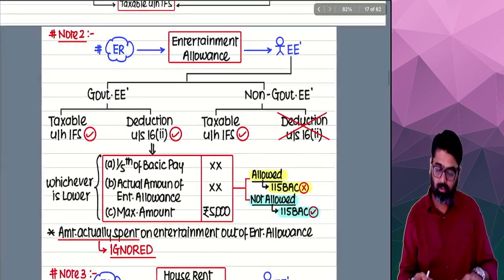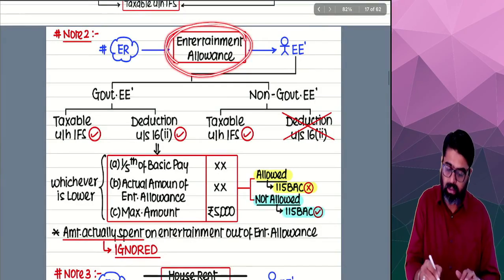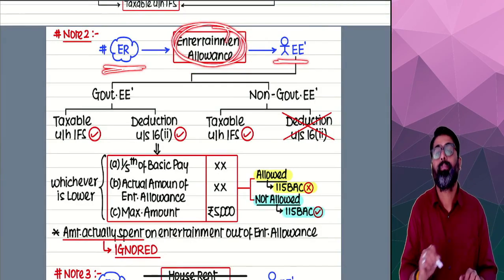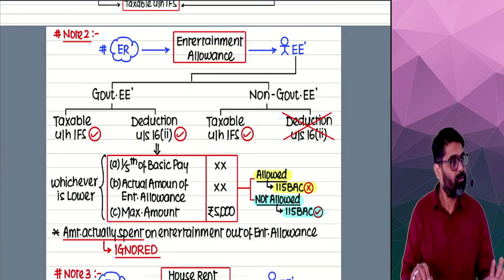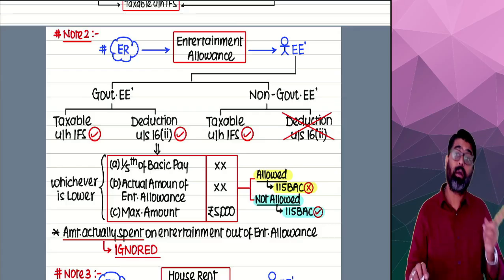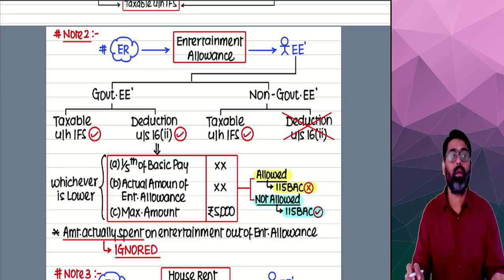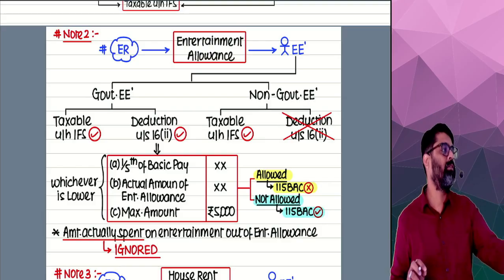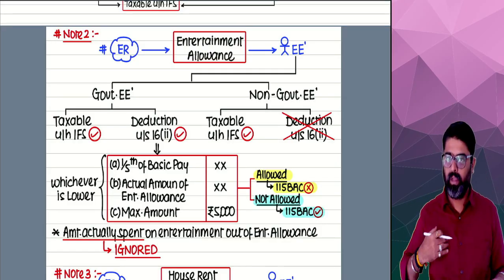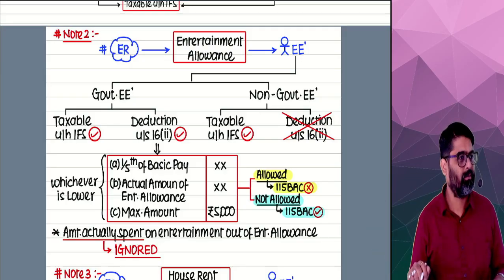So see here, if the employer is giving entertainment allowance to the employee, it will always be fully taxable. Now see, if you are a government employee and you have received entertainment allowance, then for you we have given one deduction also.